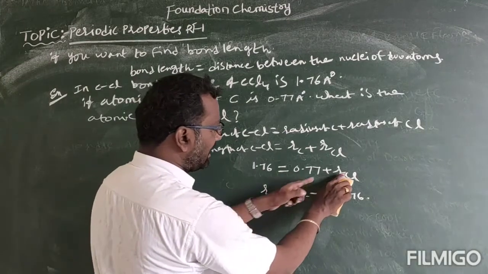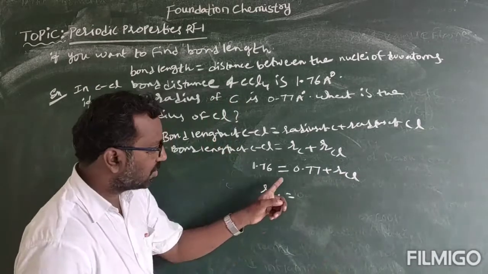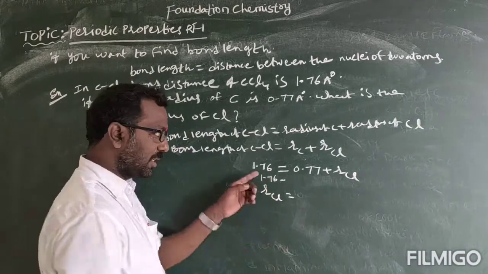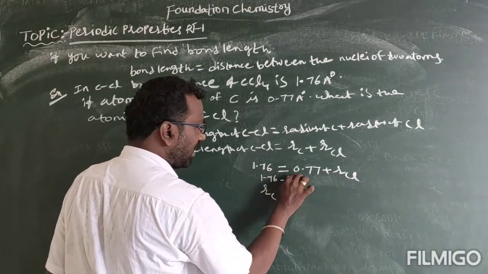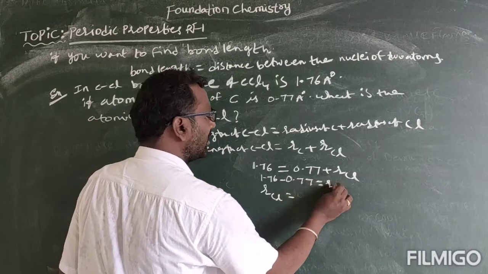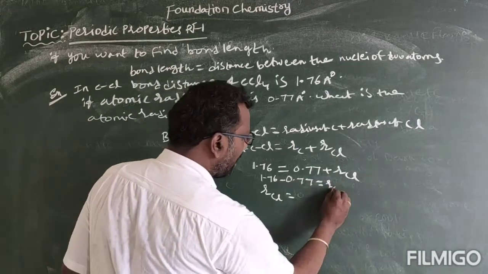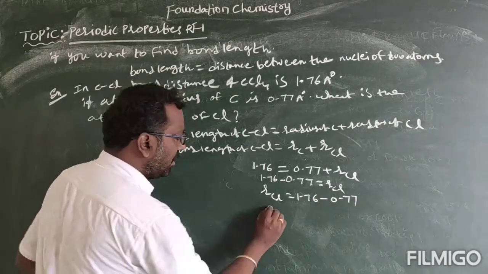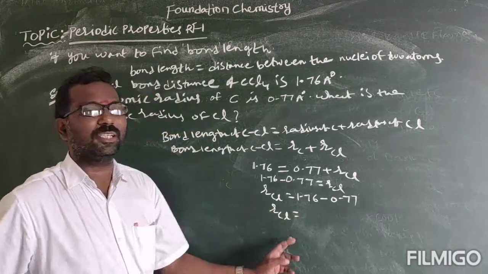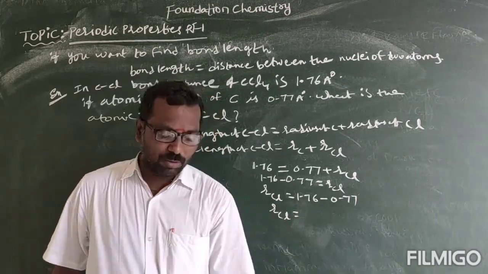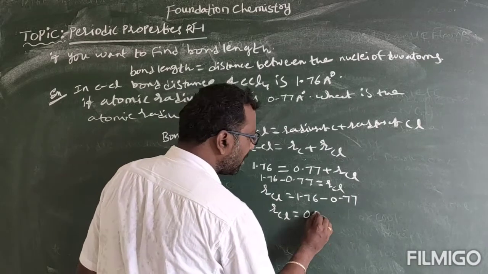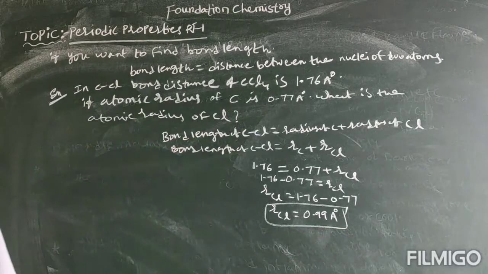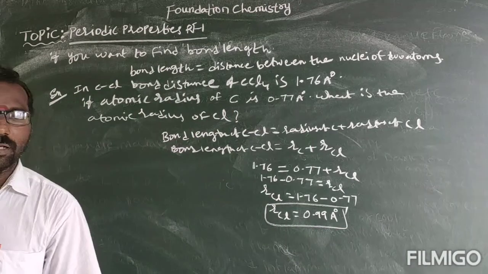You have to keep RCl on one side only, so first you have to avoid that confusion. For students, 1.76 minus 0.77 equals RCl. Now RCl equals 1.76 minus 0.77. How much is it? It is coming around 0.99 angstrom. So this is the radius of the chlorine atom.